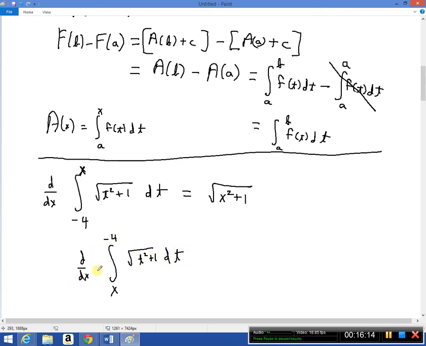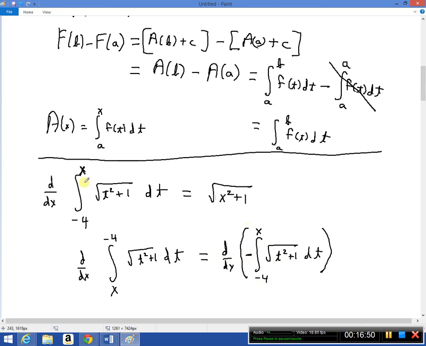Now, this is not exactly the same as what you had up here, but I can make it equal to that simply by going the derivative of the integral from -4 to x of the square root of t squared plus 1 dt, except that's not quite true unless I put a minus in front here. Okay, so the derivative of this integral is the same as the derivative of the same integral with the limits switched, as long as I put a minus here.